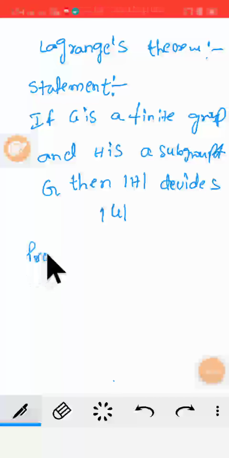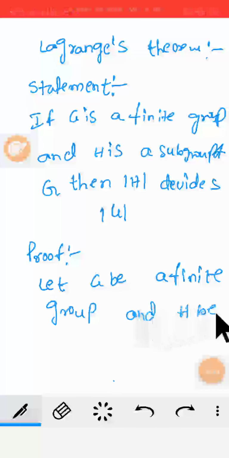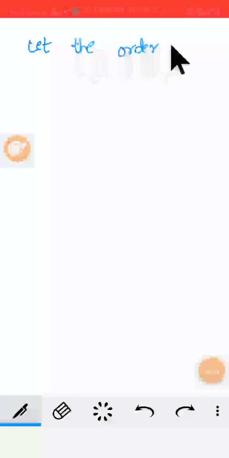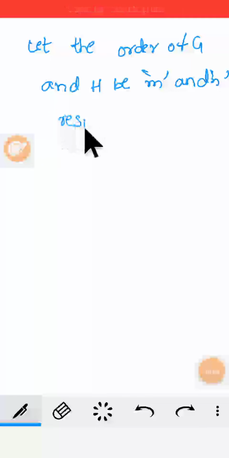Proof. Let G be a finite group and H be a subgroup of G. Let the order of G and H be N and M respectively.